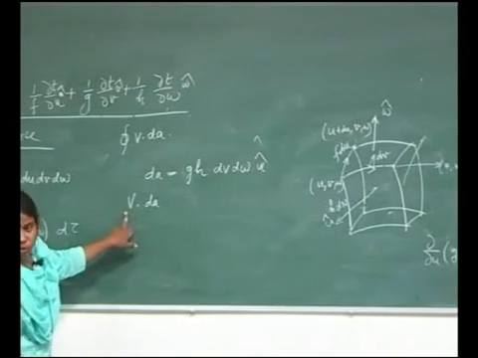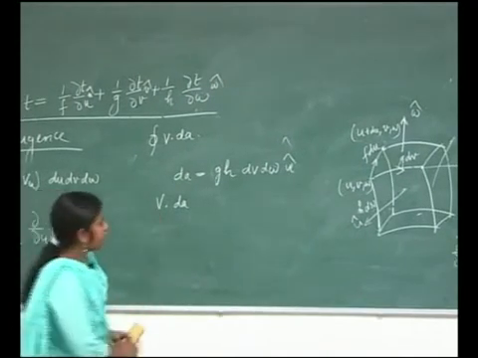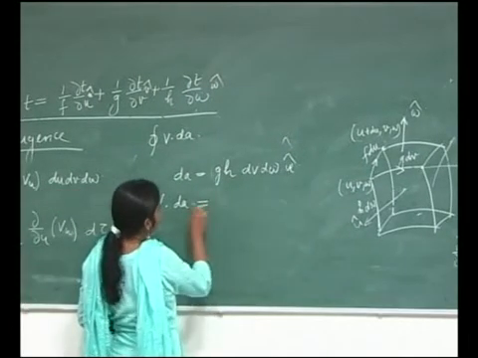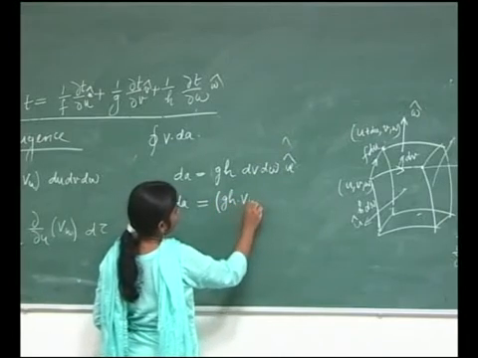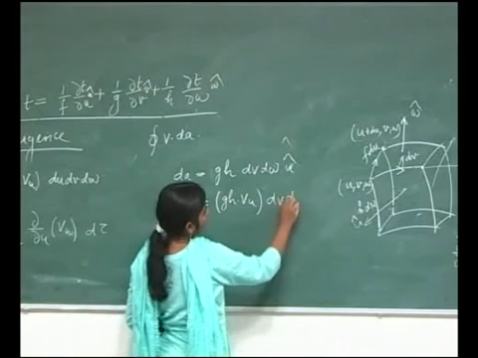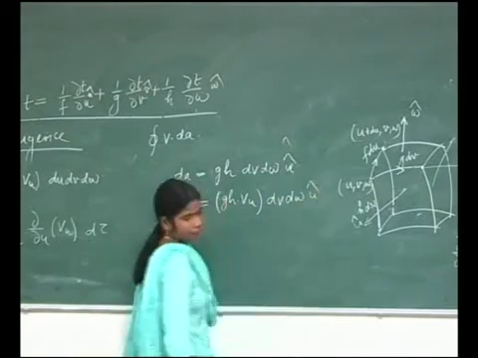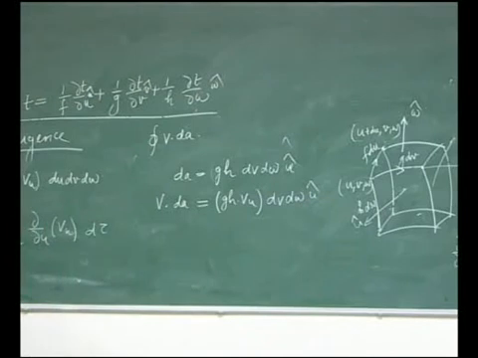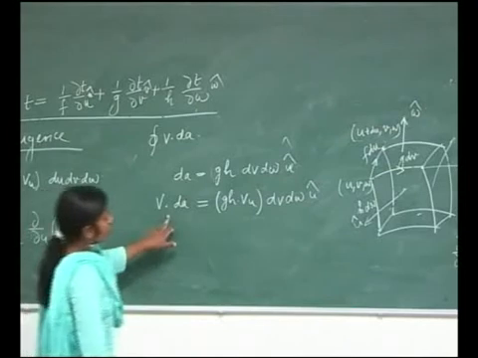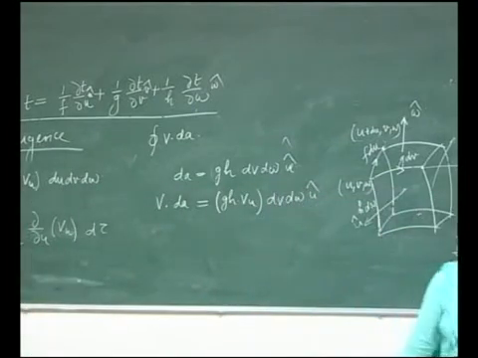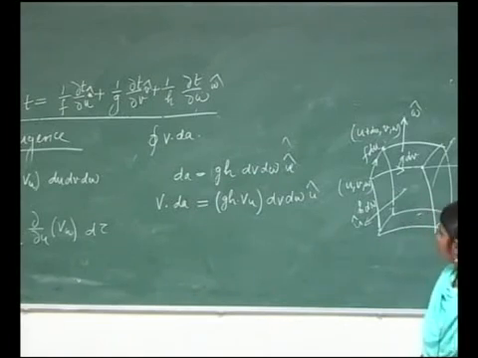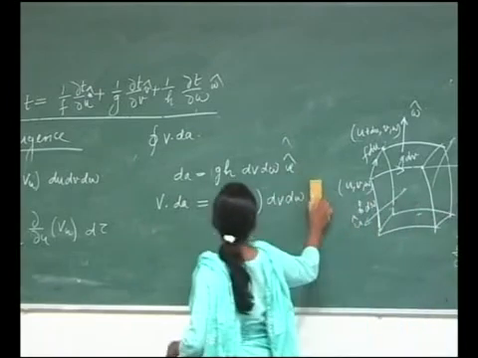Why Vu? Right. So we will have V dot dA equal to GH dot Vu dV dW U cap. Okay, V dot dA will be GH dot Vu dV dW into U cap. Oh sorry, there will not be any U cap, that is right.